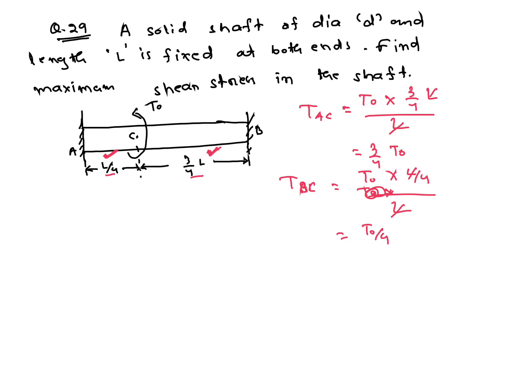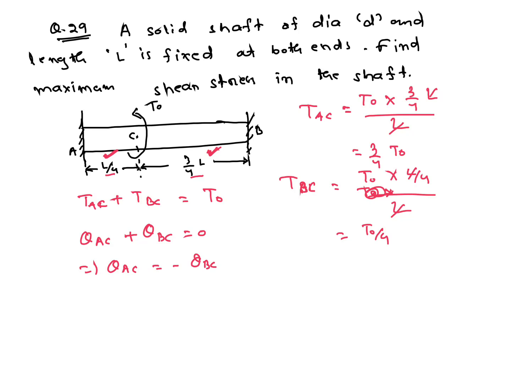And we know TAC plus TBC equal to total torque T0. Theta AC plus theta BC equal to 0. So theta AC equal to minus theta BC.